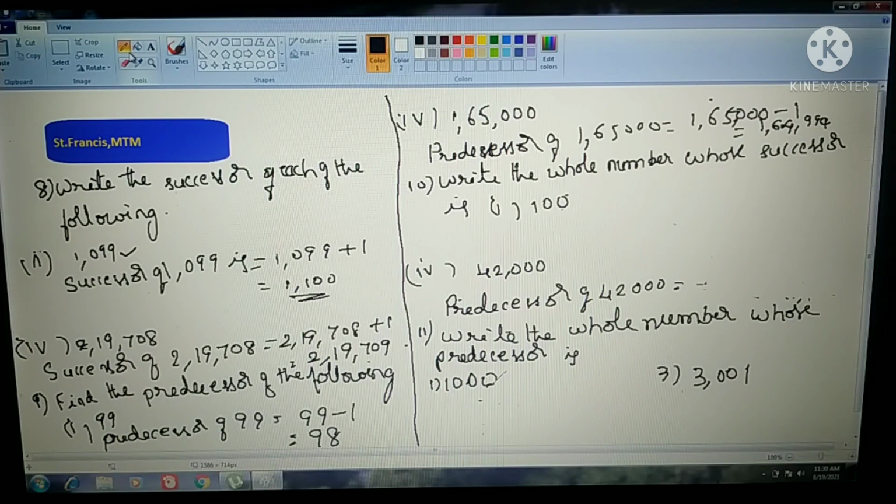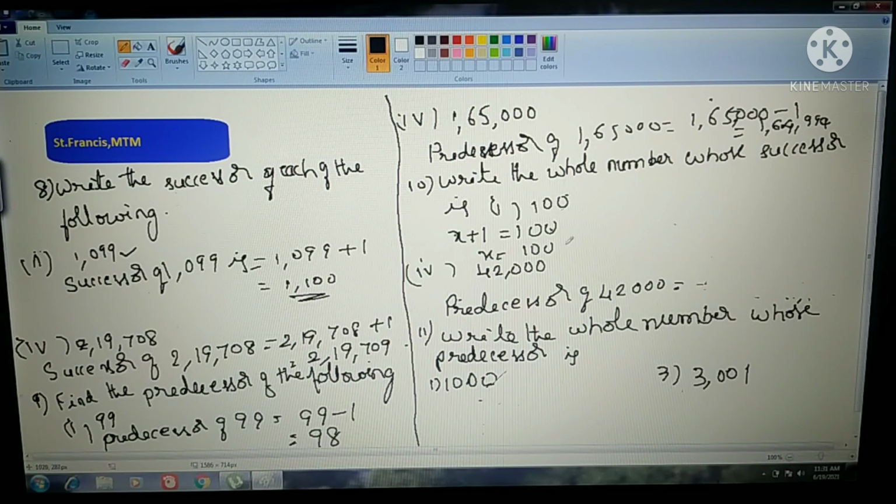See the next question. Write the whole number whose successor is 100. Whose successor is 100 here? That means we have to find out the predecessor of this one. Some number we are taking here. By adding 1 to this number, we are getting 100 here. This number's successor is this one. To find out x here, what we have to do?